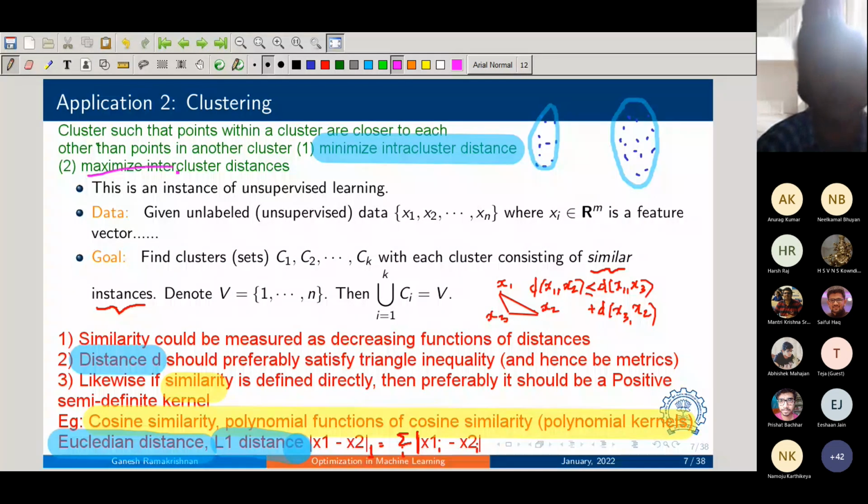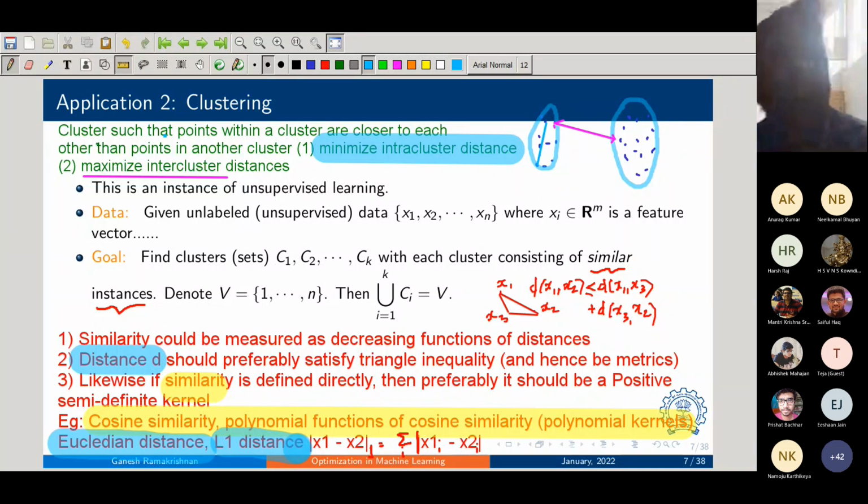You're saying, let the closest points from one cluster and another cluster be further away than the furthest points within a single cluster. You want this to be larger than this. Is that clear?